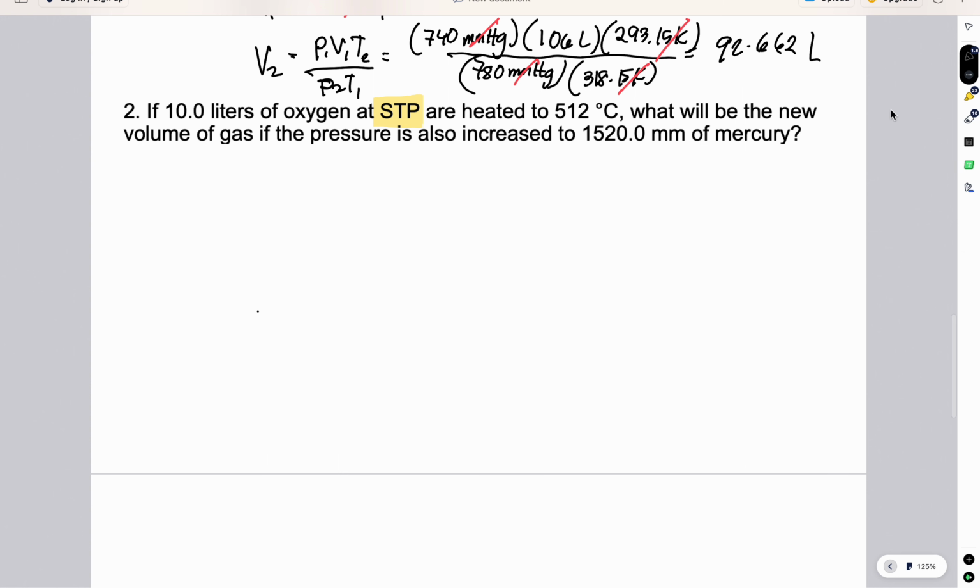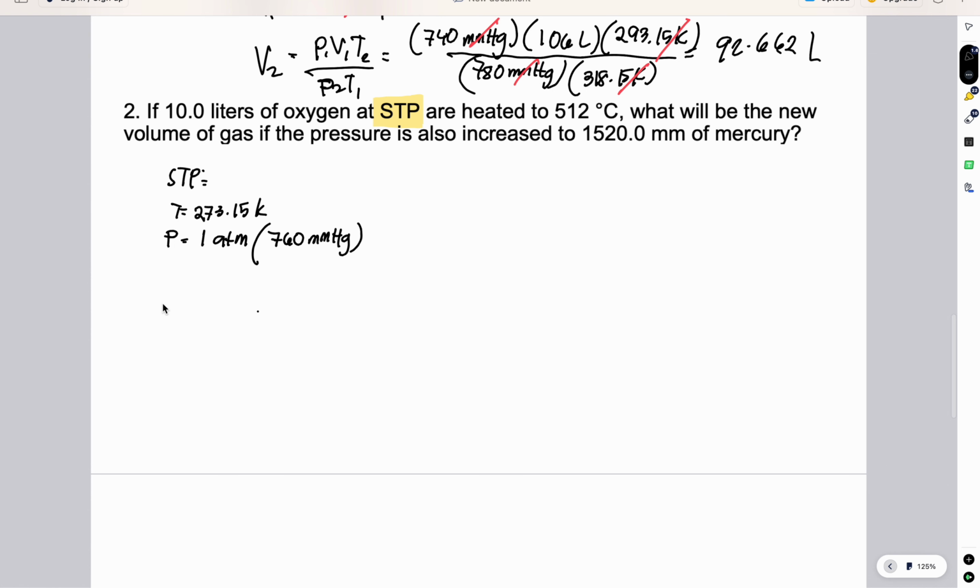Standard temperature and pressure. So at STP, the temperature is 273.15 Kelvin and the pressure is always 1 atm. If you convert this to mmHg, this is 760 mmHg. Okay?